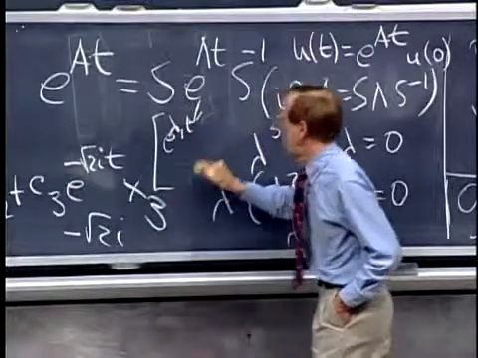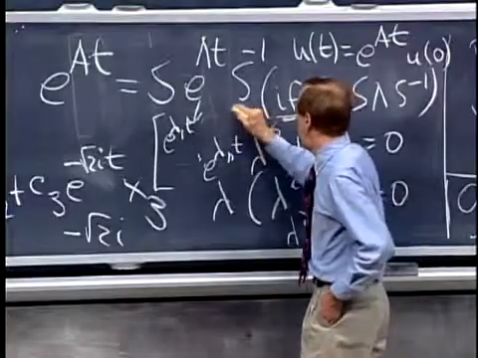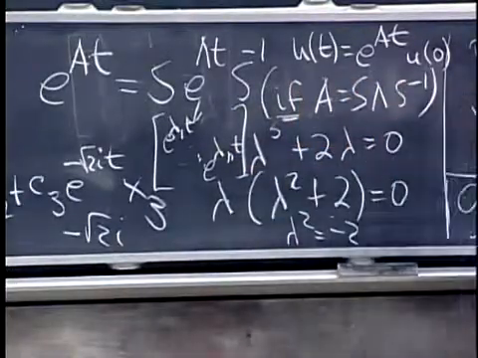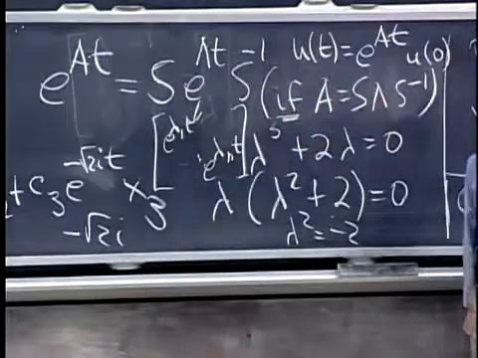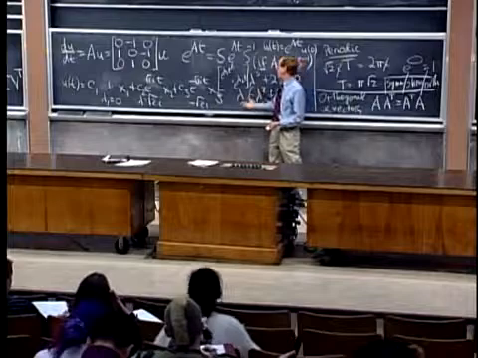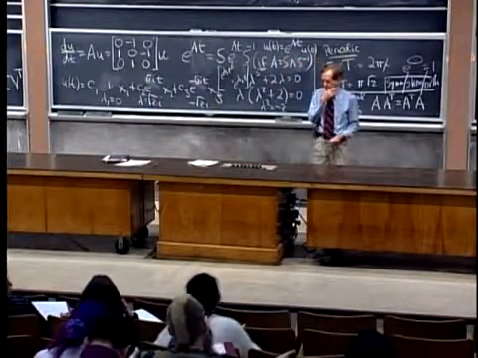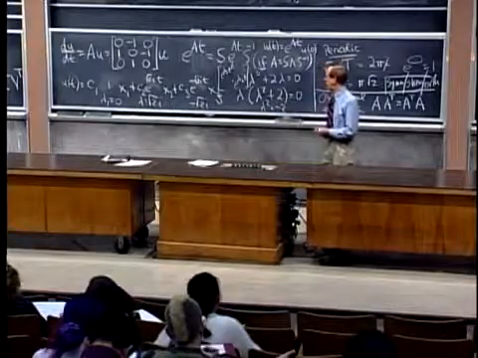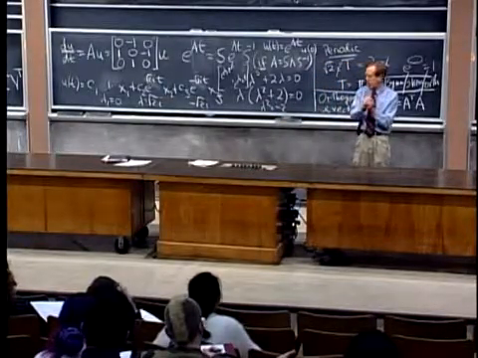These guys are showing up now in e to the lambda n t. Okay? That's a really quick review of that formula. It's something we can compute quickly if we have done the S and lambda part. If we know S and lambda, then it's not hard to take that step. Okay, that's some comments on differential equations.